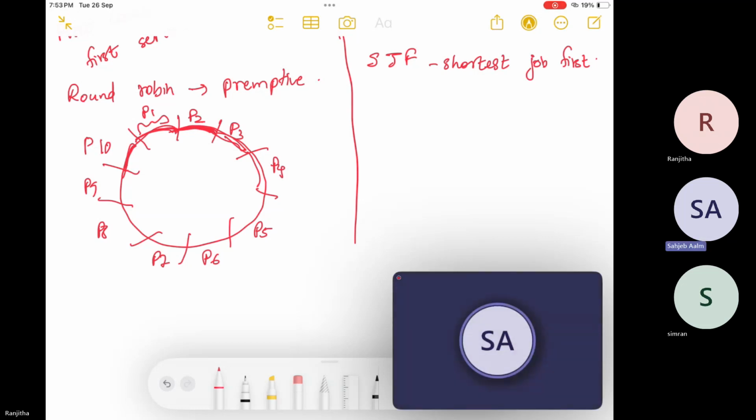मैम, असाइनमेंट में जो प्रोग्राम है वो समझ नहीं आता है, उसको कैसे करेंगे?